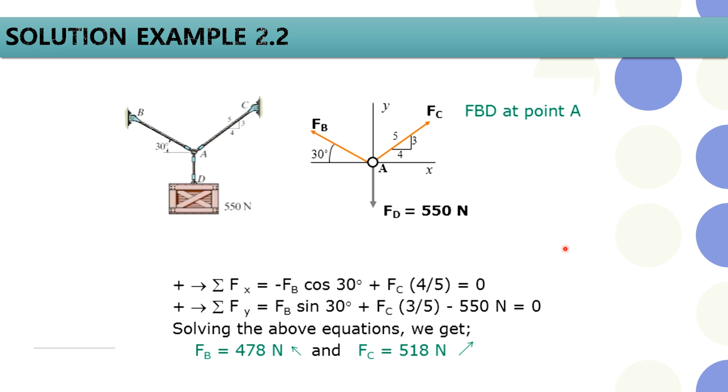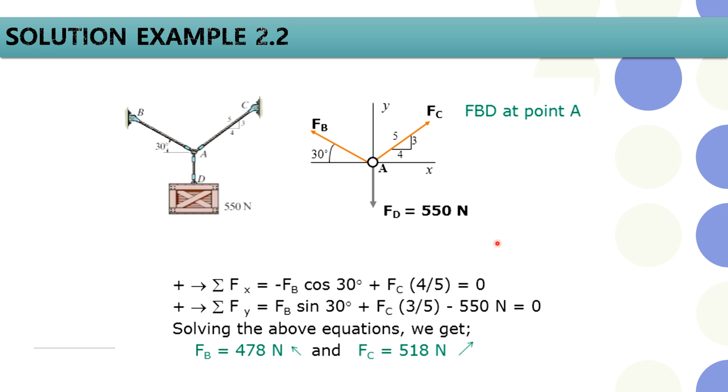So looking at the free body diagram on this slide, we have FB, force B pulling up and left at 30 degrees. Force C is also pulling up and right at a 3, 4, 5 slope. And you also have the force D equal to 550 Newton, the weight, which is pulling straight down.